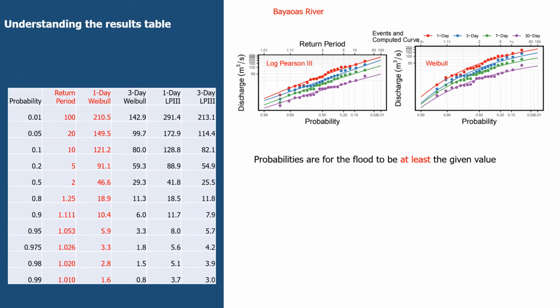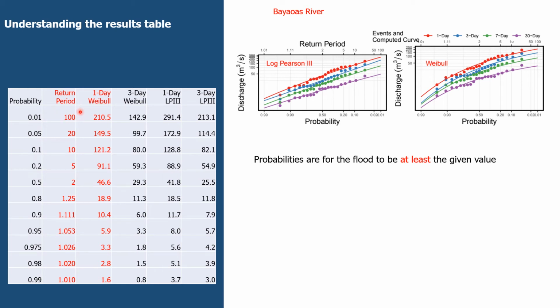We also can interrogate the results table, and this allows us to estimate the floods of different probabilities, or indeed we can use 1 divided by the probability to get the return period. So here we have probability of 0.01, return period of 100 years.